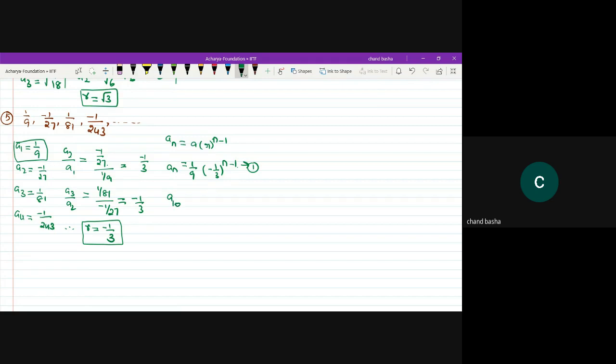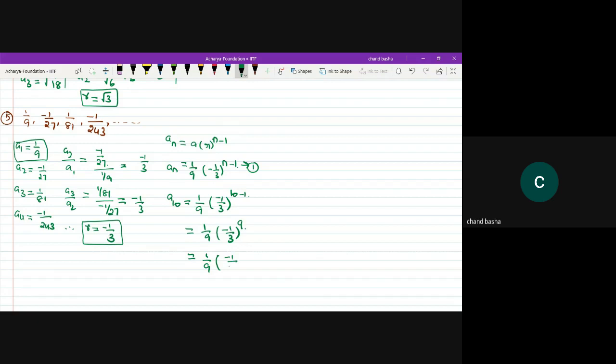And suppose he's asking the 10th term, as I have fixed it with the 10th term, that is 1 divided by 9 into minus 1 by 3 whole power 9. Whenever we have an odd power, the minus comes outside.